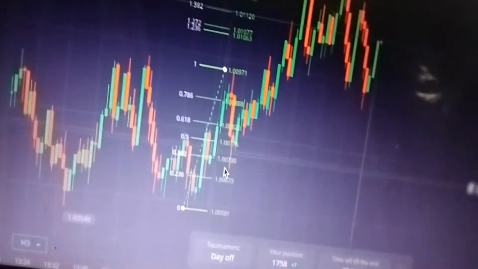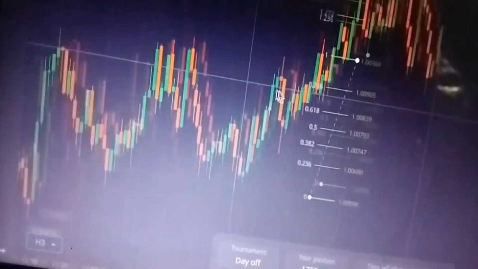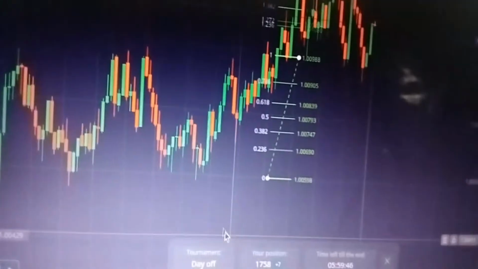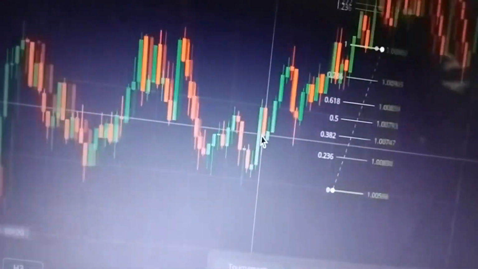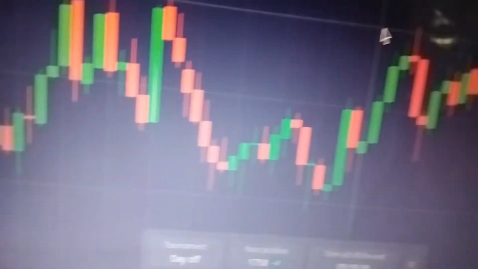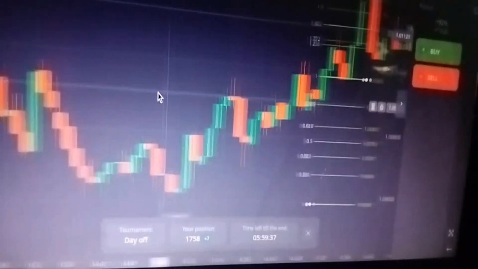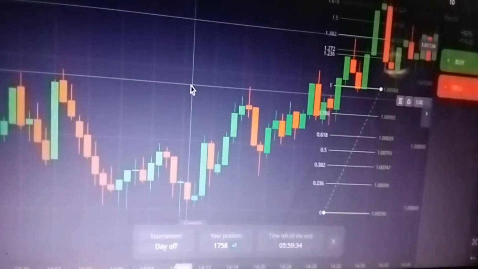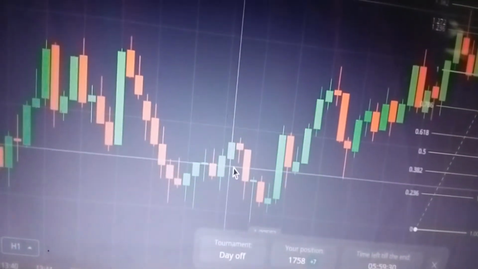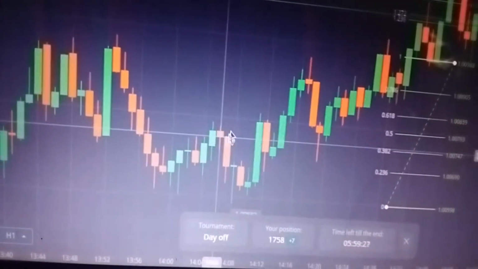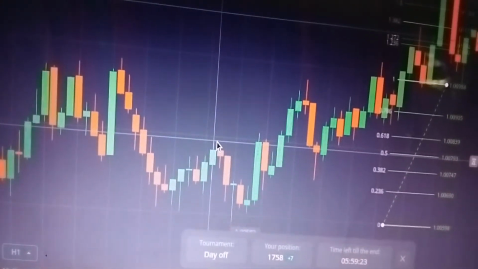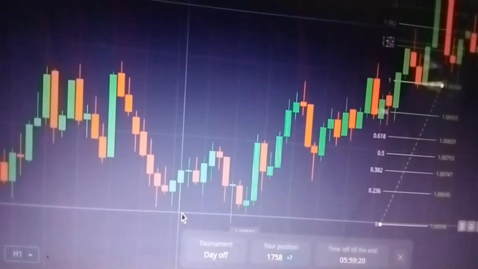Boom. Finally what happened here? So where were we? Right there. So we were going up, and now our swing is from that high to this low, right?